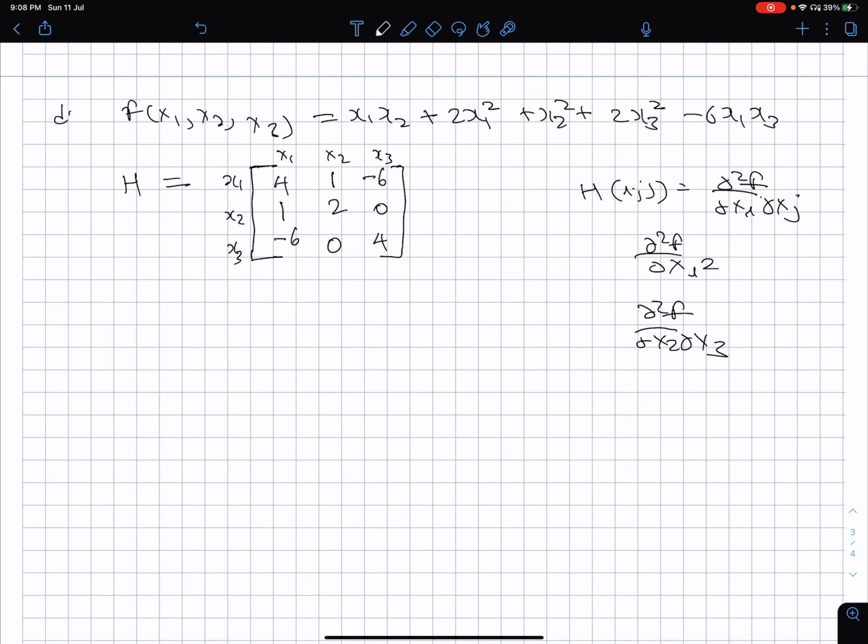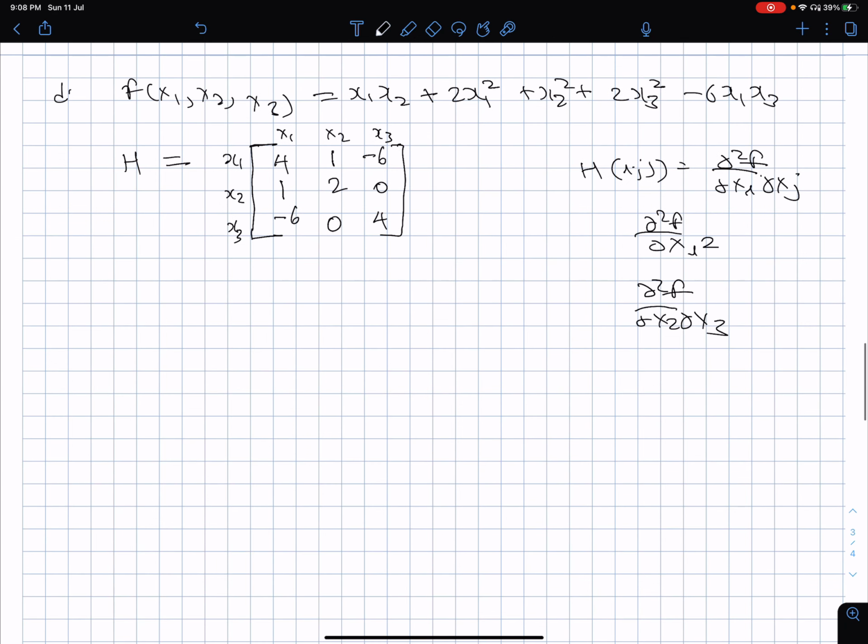Now we have to check whether this matrix is positive definite or not. So let's start checking using the determinants way. Let's look at how many matrices you have to consider.